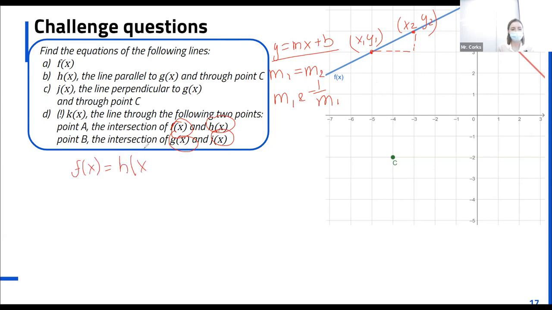So equate them and find the point where they intersect. You do the same for the second pair. And then you get point A and point B that the new line should go through. And we already used 2 points to find the exact equation of the line.